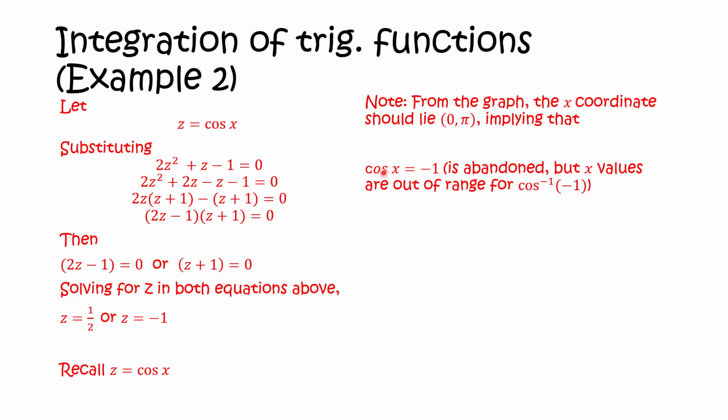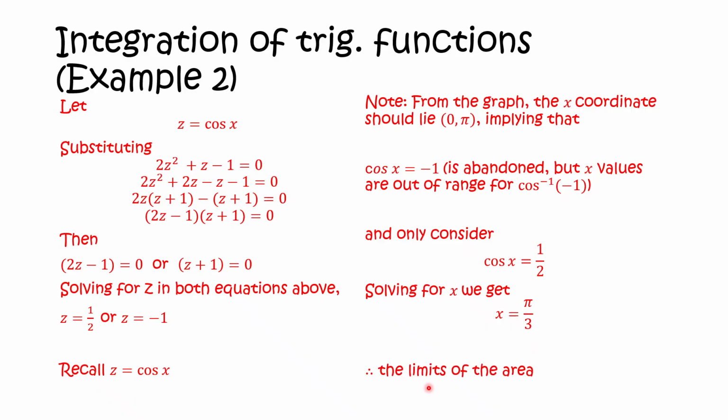So we are going to abandon cos x equal to minus 1 because the values of x that we get are out of this range. We only consider the first part, where z is equal to 1 over 2. That is the same as saying cos x is equal to 1 over 2. Now we solve for x, and we get pi over 3 as our x.